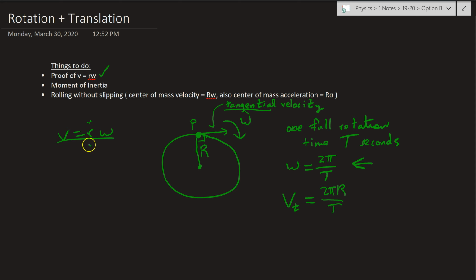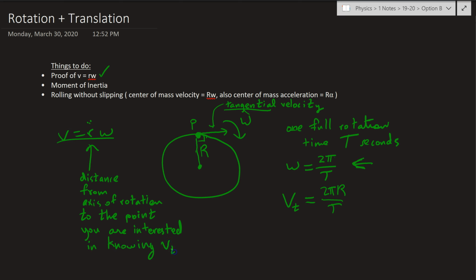So R in this equation is the distance from the axis of rotation to the point you are interested in knowing the tangential velocity.